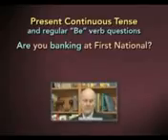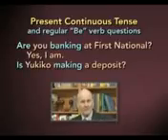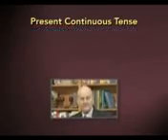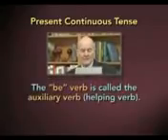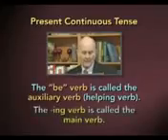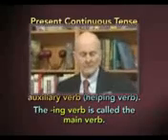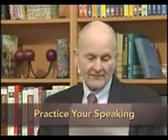Are you banking at First National? Yes, I am. Is Yukiko making a deposit? Yes, she is. Okay? The be verb is called the auxiliary verb, auxiliary helping, and the ing verb is called the main verb.